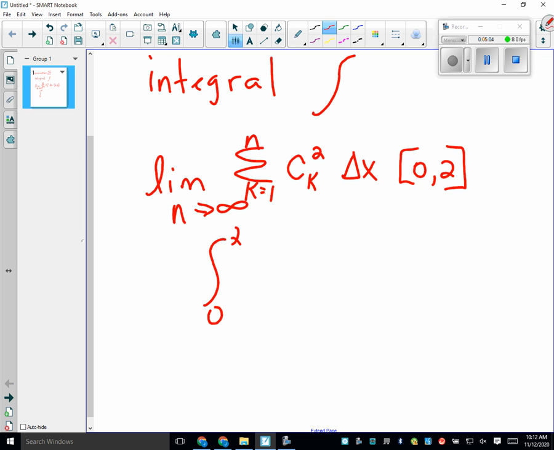That's a 2. I change my letter to x, and it is squared, and it is a derivative. So I put every integral is a derivative. So that's what the integral looks like.